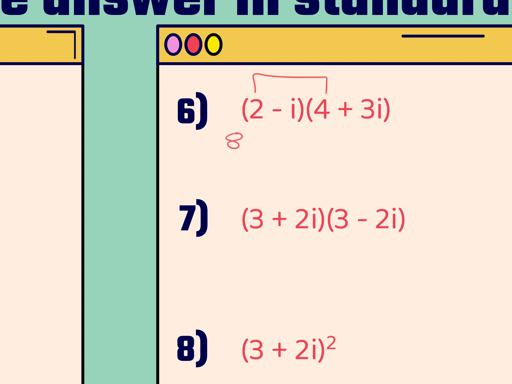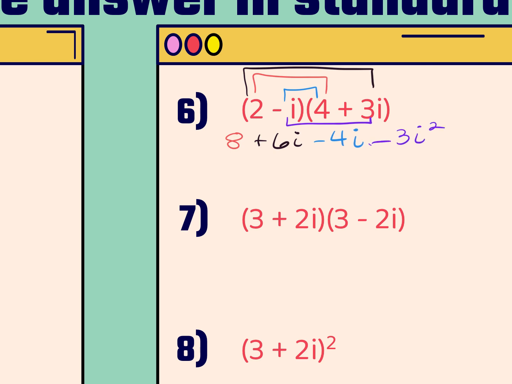Then I'm going to distribute the 2, or do the outer, to the last one. Gives me 6i. Then I'll do the inside. Negative i times positive 4. Negative 4i. And now finally the last, negative 3i squared.